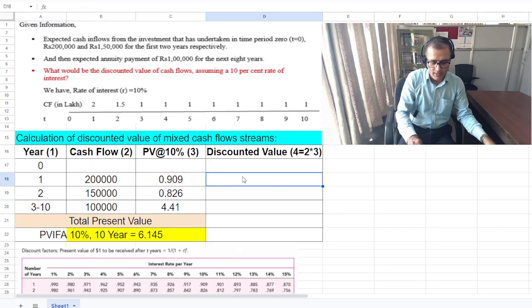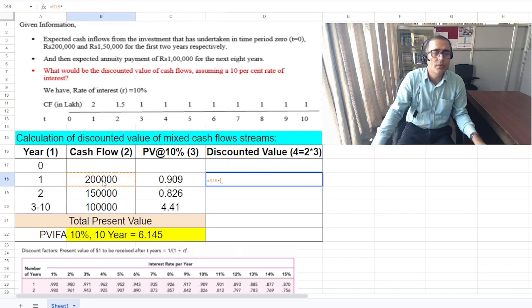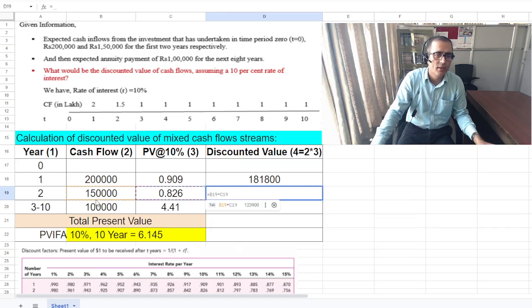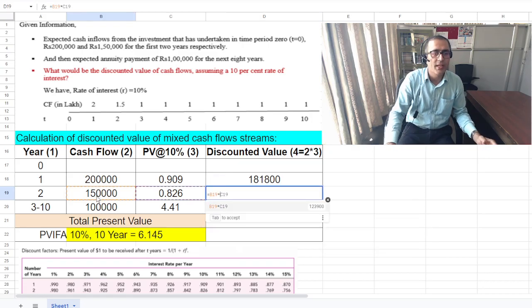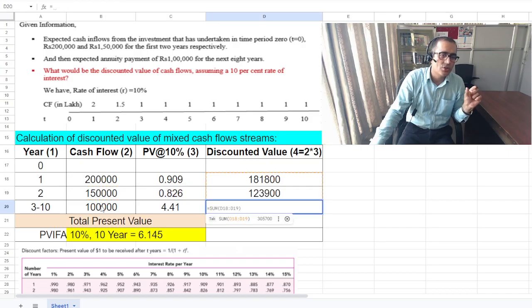Then what would be the discounted value? Individually you need to calculate first: 2 lakh into this factor. Then if you follow the same process, individually you will get the same value here: 1,50,000 into this factor, and the last one is 1 lakh.